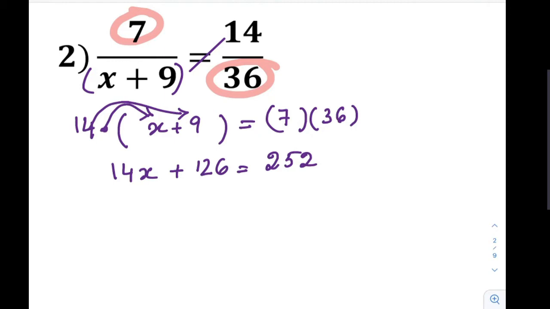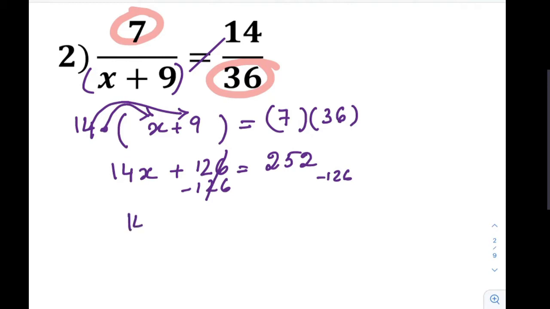You can use the technique by transferring the 126 to the other side, and it was positive, so it turns to negative. Or if you want, as you have learned before, we can subtract 126 from both sides. Subtracting 126 means using subtraction property of equality.